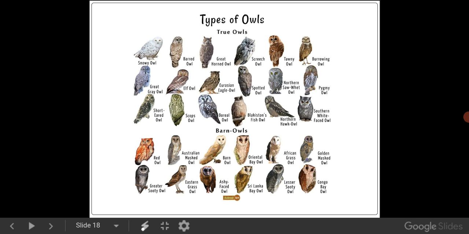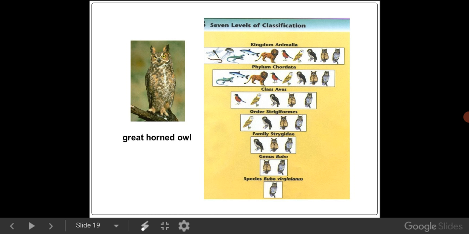This shows a bunch of owls. And here we're going to look specifically at the great horned owl. You can see its 7 levels of classification, starting with the kingdom Animalia. You can see it's there with other birds, other owls, but even things like sharks and dragonflies. Then you come down to the phylum Chordata. You can see we've eliminated a couple things. There's still a shark there, no dragonfly anymore.